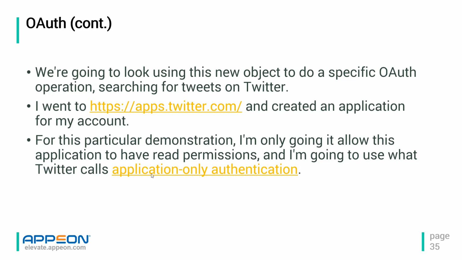I'm just going to have it search for tweets. It's not going to be doing any posting. So it's only going to do application only authentication, which means I don't have to do this separate login into Twitter. I can use the keys directly from the apps.twitter.com site that I'll be creating to interface with Twitter.